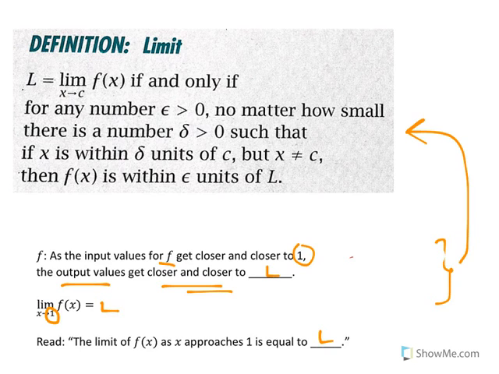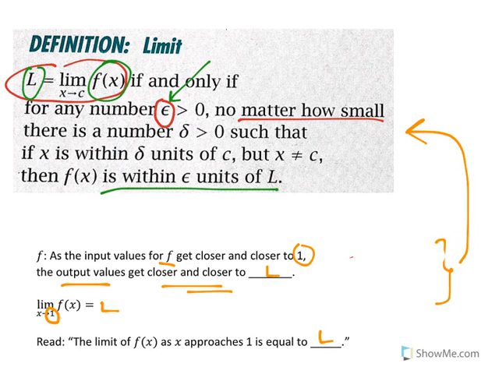So what does this mean? It means for any epsilon greater than 0, no matter how small, you will be able to make the output values of the function f be within epsilon units of the limit.